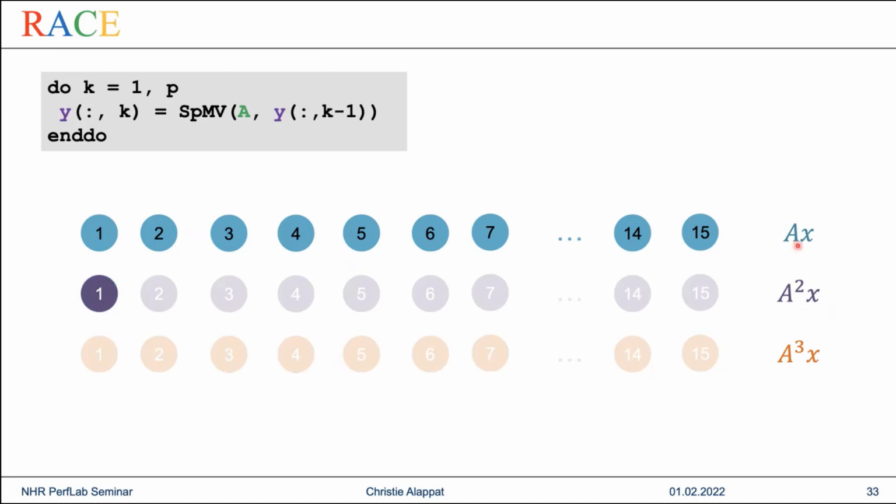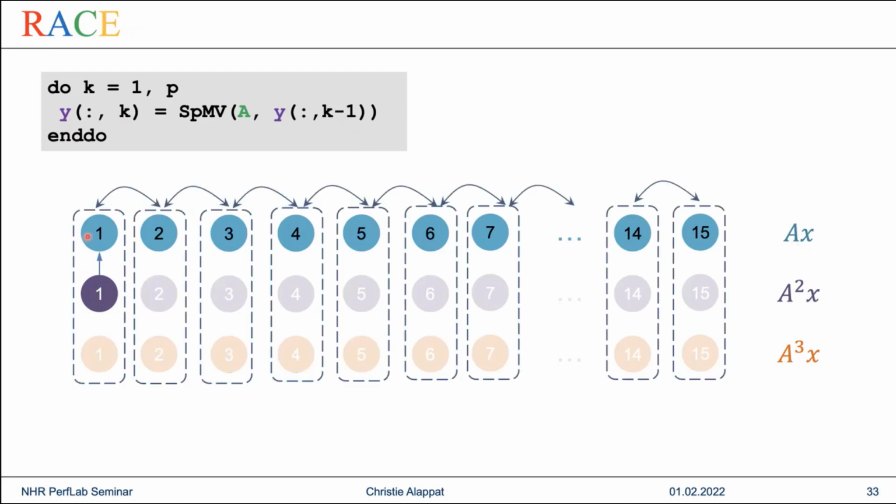But now again, if we analyze the dependency, we see in the algorithm that y of k is dependent on y of k minus 1. This means that when computing A squared x on level 1, it has to ensure that Ax is computed already on level 1. Also, we have seen that we have direct dependency only with the neighbors.